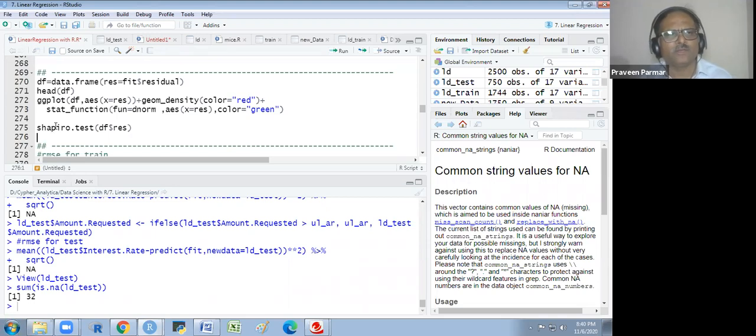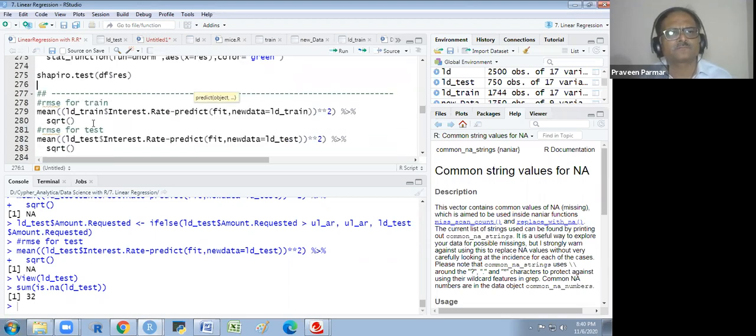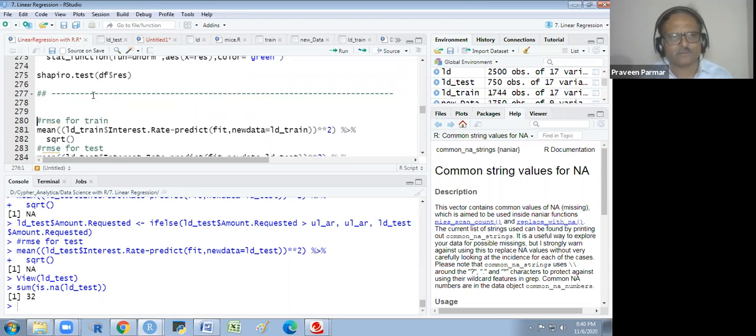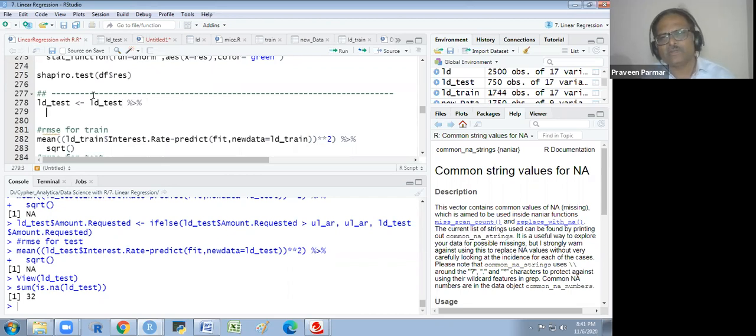So what I am doing here with the test data: I write LD_test equals LD_test, and what function will I use to omit these values?